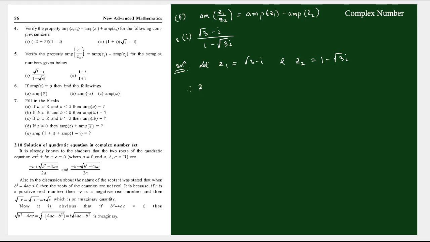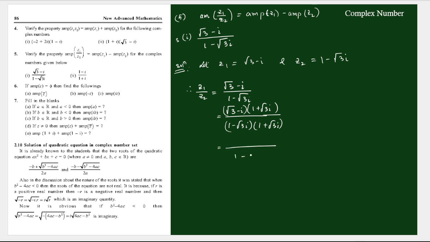So therefore Z1 by Z2 equal to √3 minus i over 1 minus √3i. इसका कॉन्जुगेट ले लो अभी, 1 plus √3i. So this will be 1 minus i square becomes minus 1, so plus √3 square 3, it becomes 4.